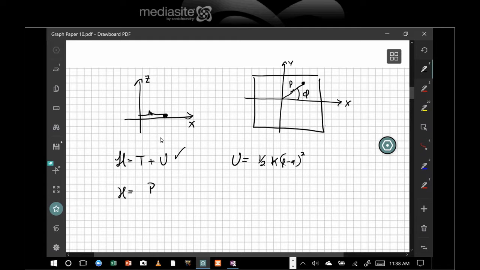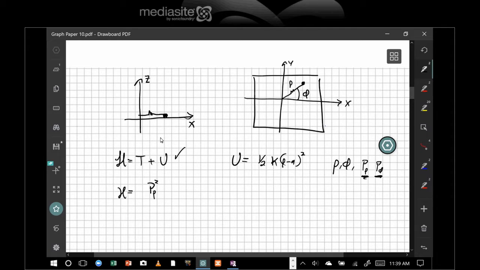So again, my generalized coordinates are rho and phi, and in my Hamiltonian system, I'm going to have a piece of rho and a piece of phi. This is going to be the momentum associated with motion along the rho, so that's a real linear momentum. And this is the angular momentum associated with rotating. So I could just sit down and write down the Hamiltonian.